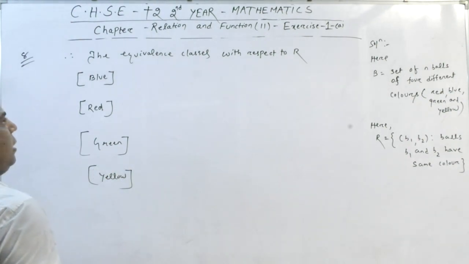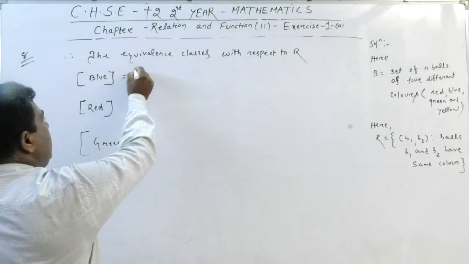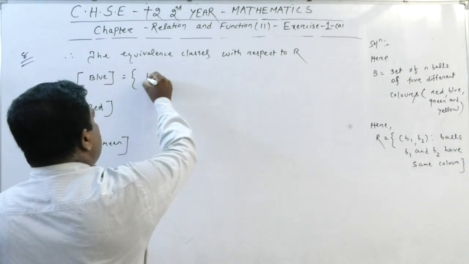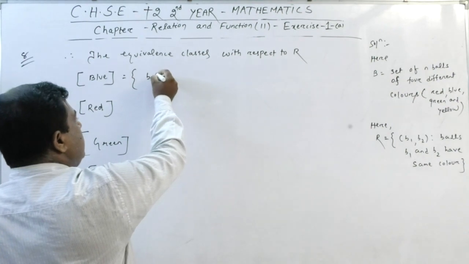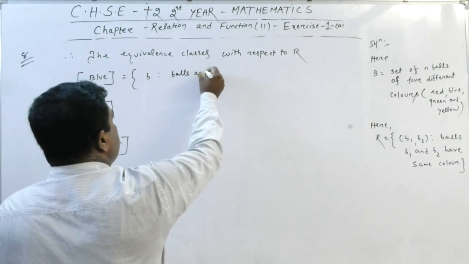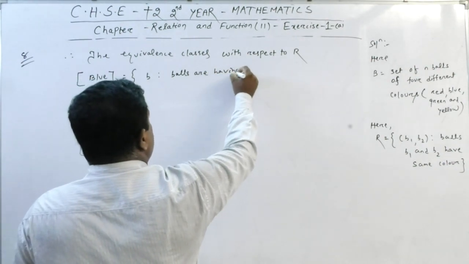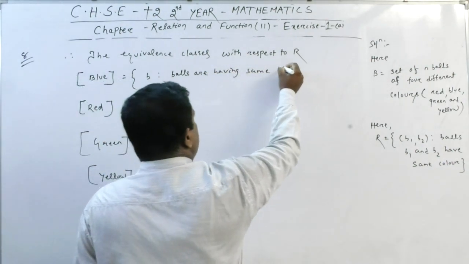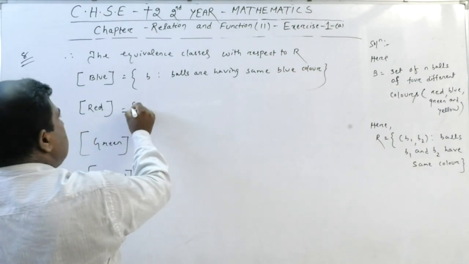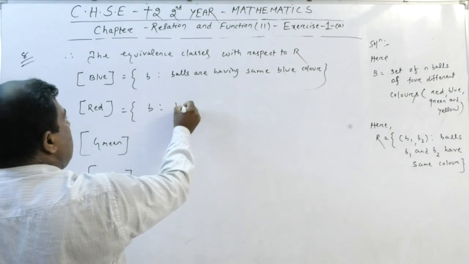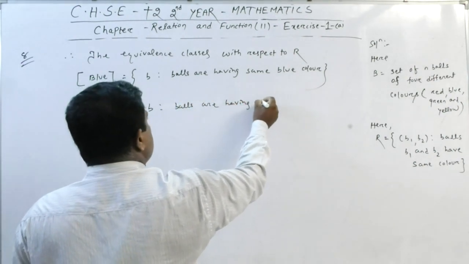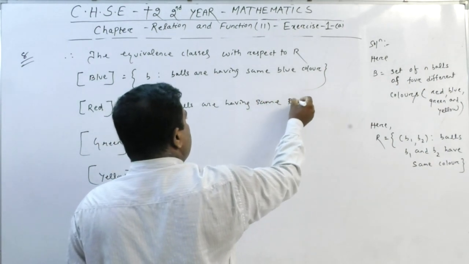Okay, in this way, what here we are taking are the balls in set B such that the balls have the same blue color, and it is the class of B such that the balls have the same red color.